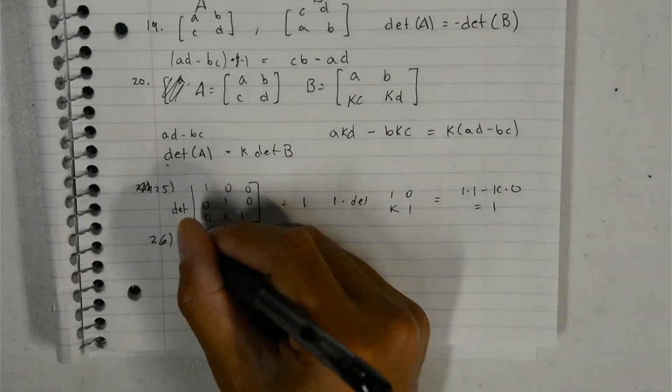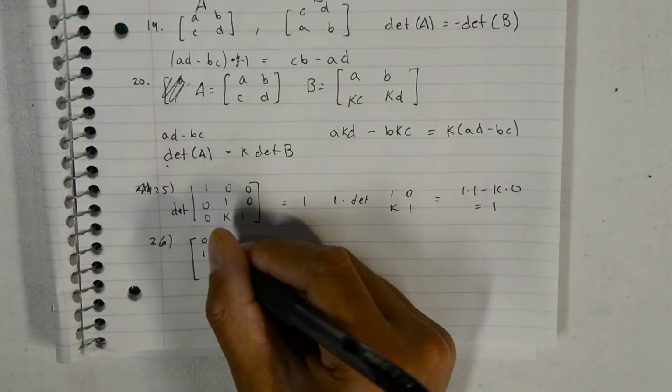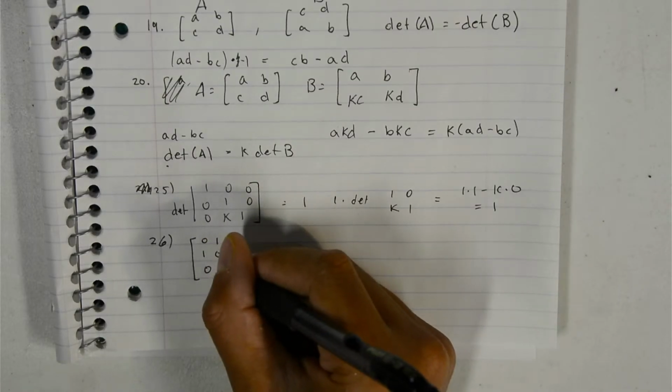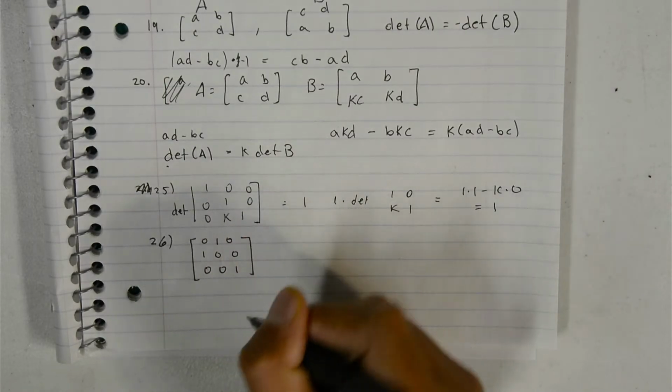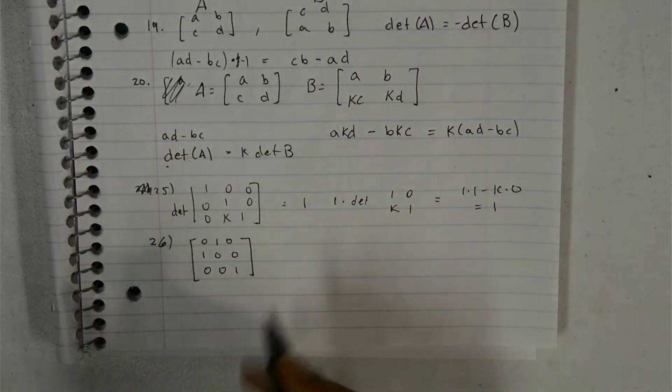Let's do number 26. Okay, this one's interesting. It's like they flipped the identity matrix.